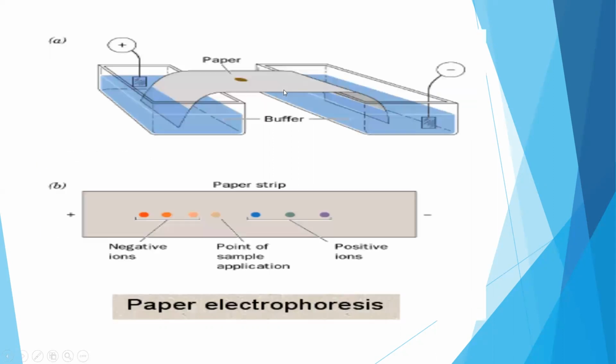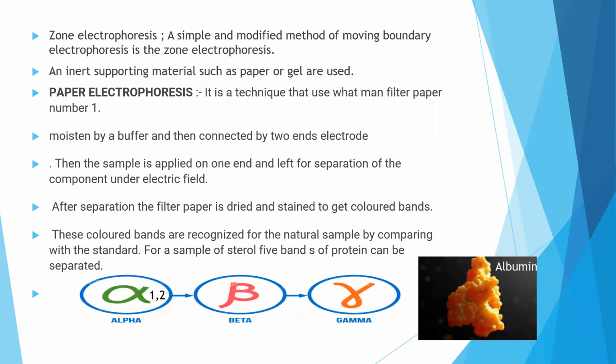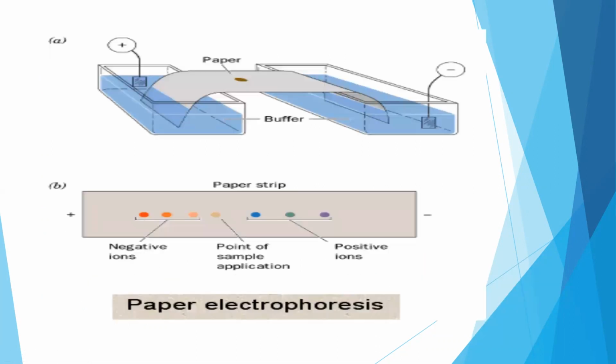Next step, the sample is applied on one end and left for separation of the components under an electric field. After separation, the filter paper is dried and stained to get colored bands. These are the colored bands.